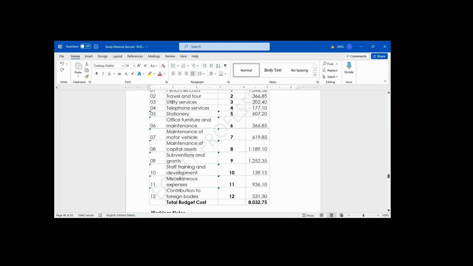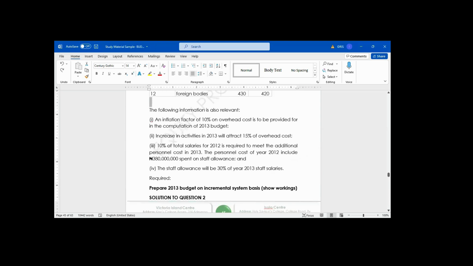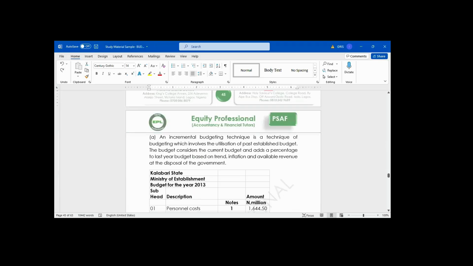What are the two factors that affect the budget in this question? Inflationary rates and increase in activity. In some question, you may have one factor, only inflation, or only increase in activities. Do we understand? Yes, sir.